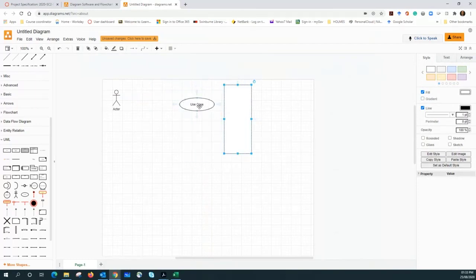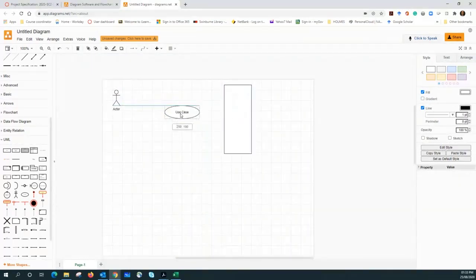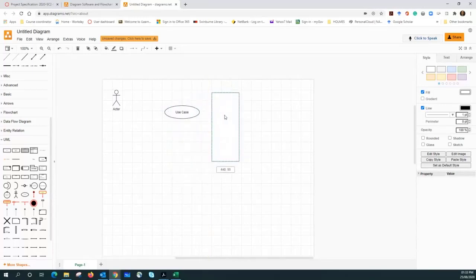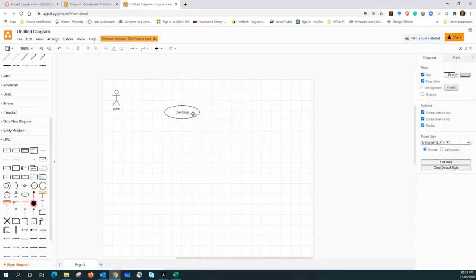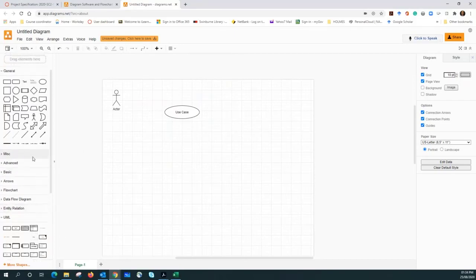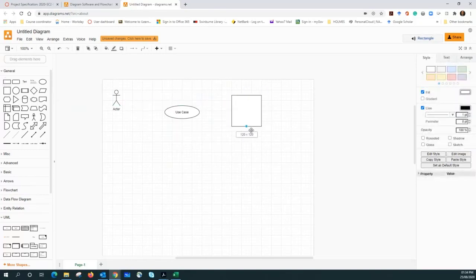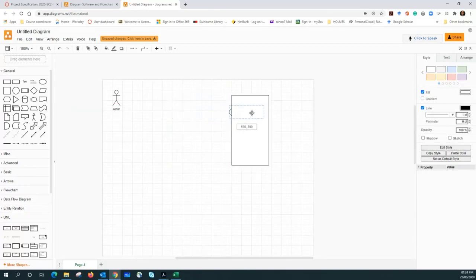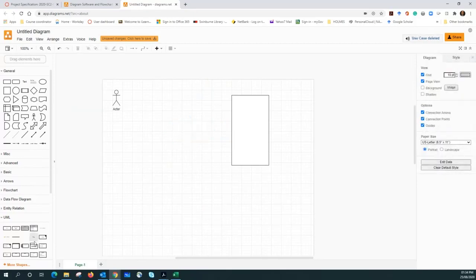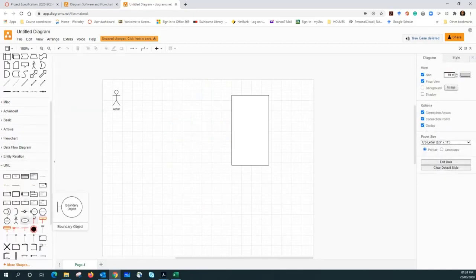No. Okay, so we need to think about something else. Let's see whether we can use the rectangle. Maybe what we can do is drag and drop.